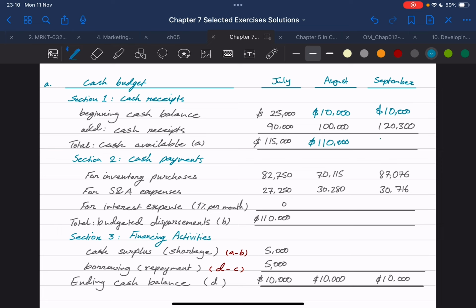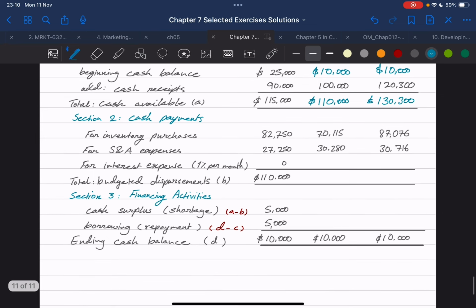That means the business is going to have 130,300. That will be the cash available for the month of September. Okay? So section 1 is now completed. We can move on to section 2.